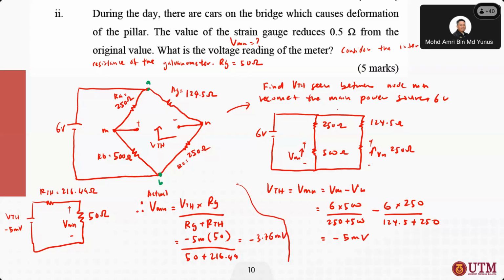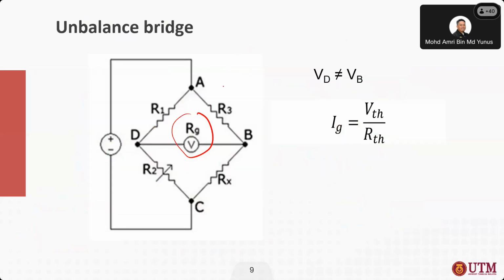When there is not balance, and considering the internal resistance of the galvanometer, we cannot simply use the voltage divider circuit. But for an unbalanced bridge, we need to use the Thevenin circuit.